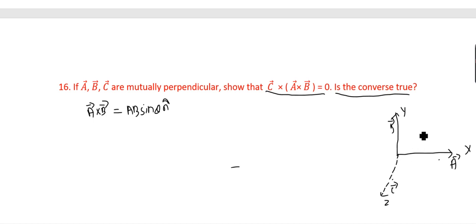It may be in the direction of the Z axis or in the opposite direction of the Z axis.